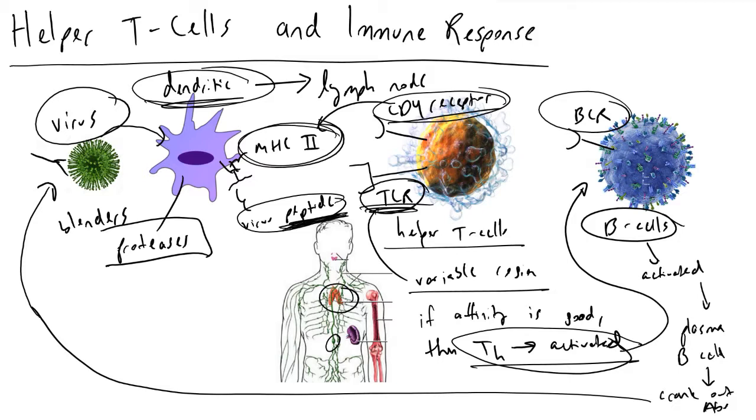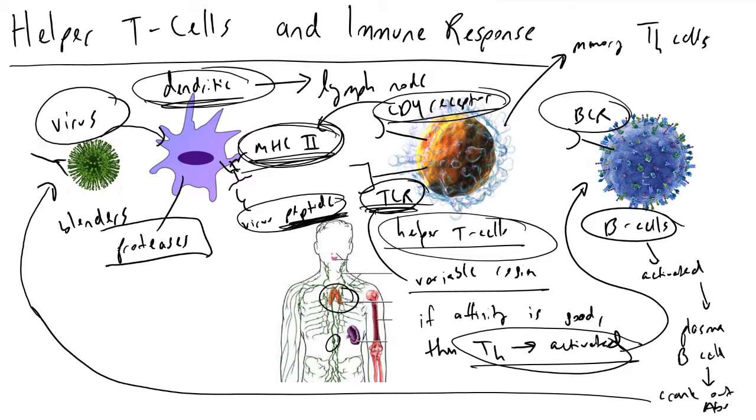In addition, once your T cell becomes activated, a very important thing that your immune system will do for your secondary immune response is start forming memory T cells, T helper cells. The purpose for this is that if this same pathogen invades your body a year or two from now, or a decade from now, these memory T helper cells will remember this, and it will make scaling up your immune response faster and more effective.